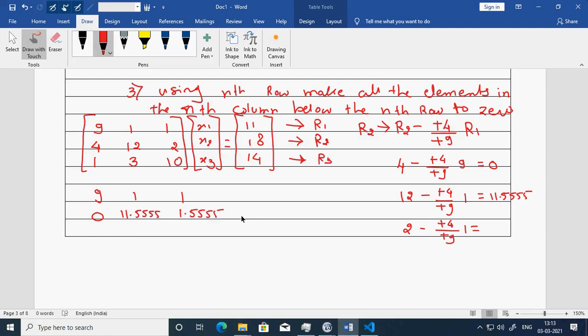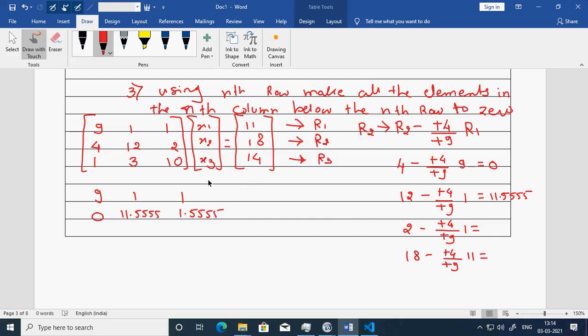Is it correct? Okay, fine. So this is how I got the first row. Same operation I have to do on the constant matrix also. So therefore 18 minus plus 4 divided by plus 9 into 11.